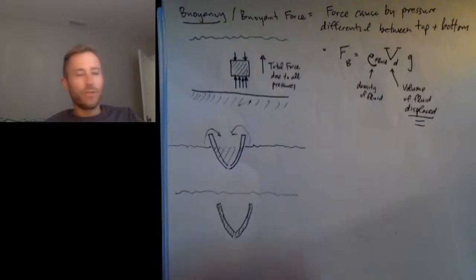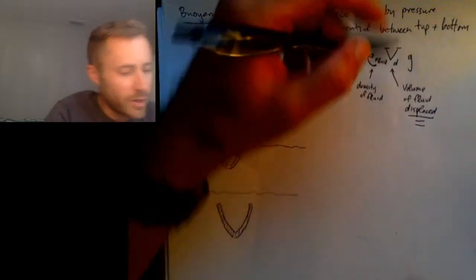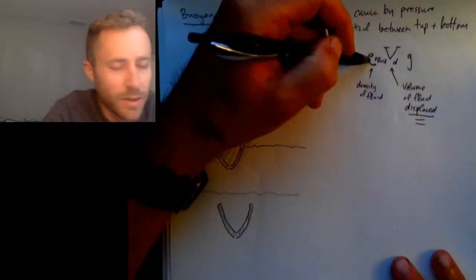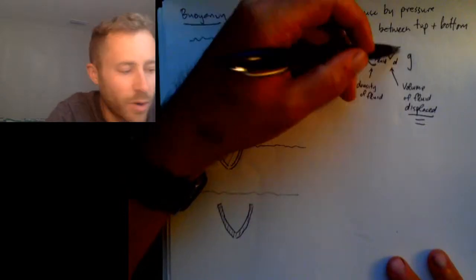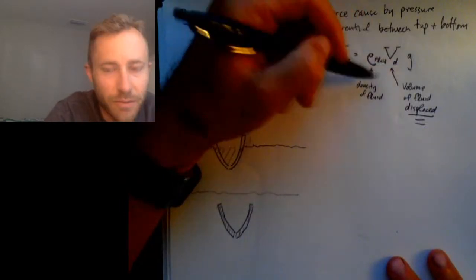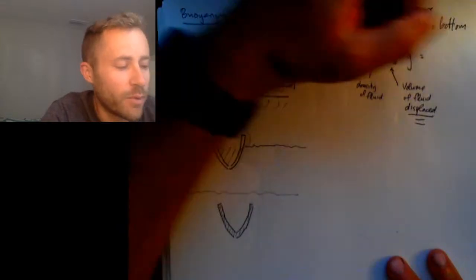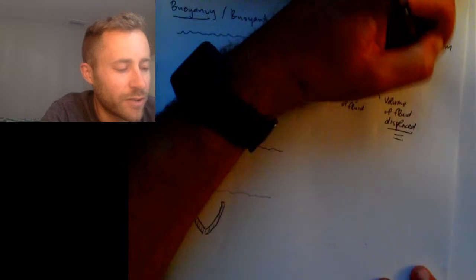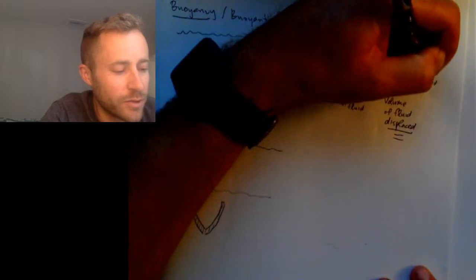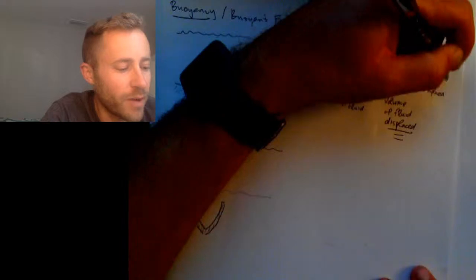G is, of course, the acceleration due to gravity. All right. So if we look at density of the fluid times volume, that's actually the mass of the fluid displaced. So the buoyant force is equal to the mass of the fluid that is displaced times gravity.